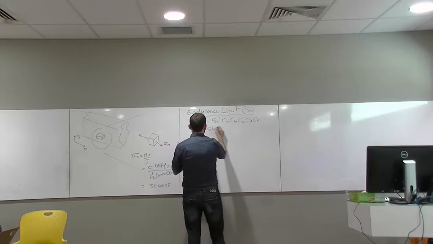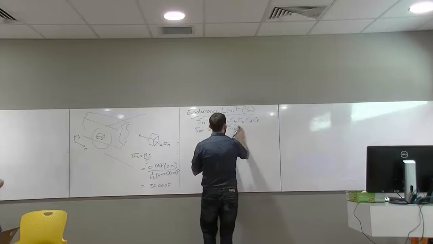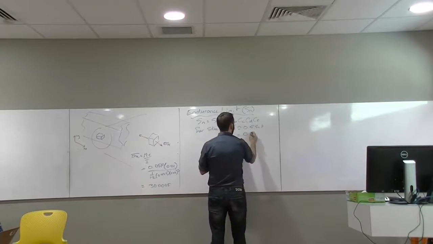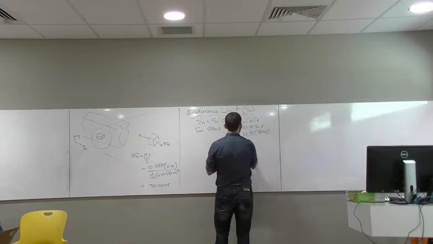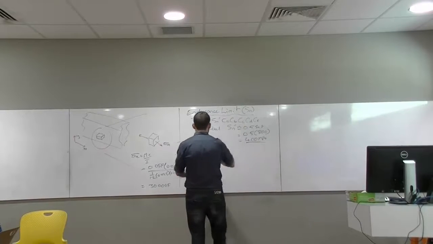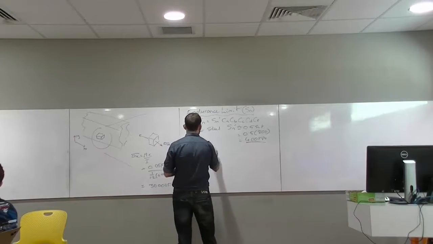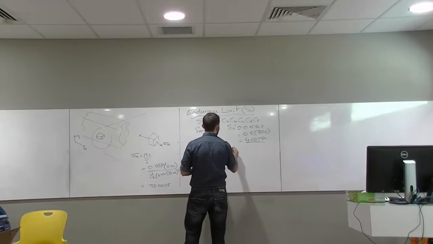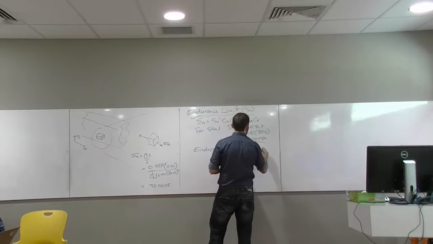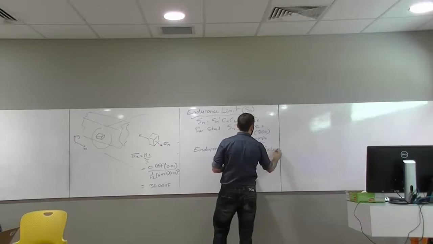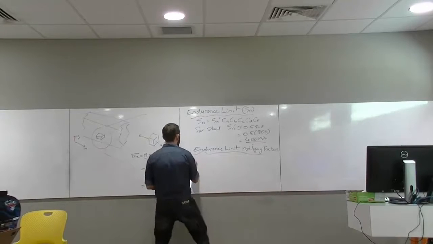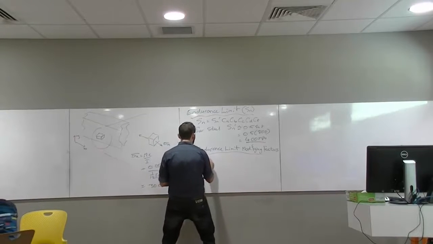For steel, Sn dash is approximately equal to 0.5 SUT, which is 0.5 times 800, and that equals 400 megapascals. Good. And then along the lines of the layout that I've been talking about, something like Ca, size factor.